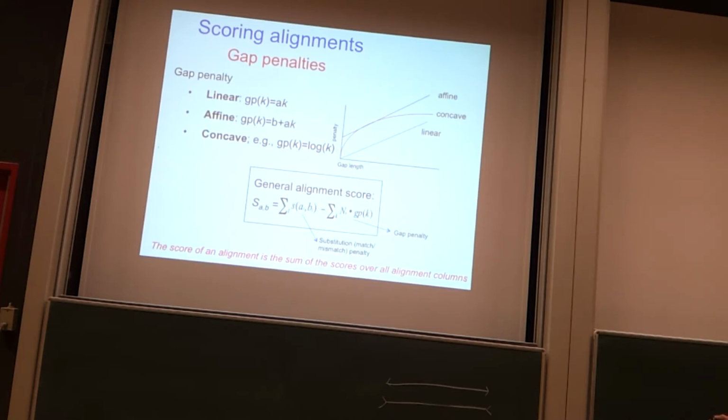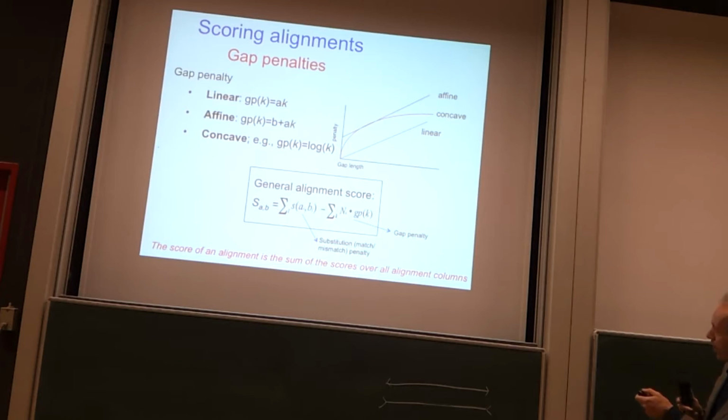Then there is the affine one, just geek speak, where you discern opening a gap, the first gap position, from any gap position later on. If you have a gap of 10 minus signs next to one another, the first position is the so-called opening gap, and the other 9 are the so-called extension gaps.